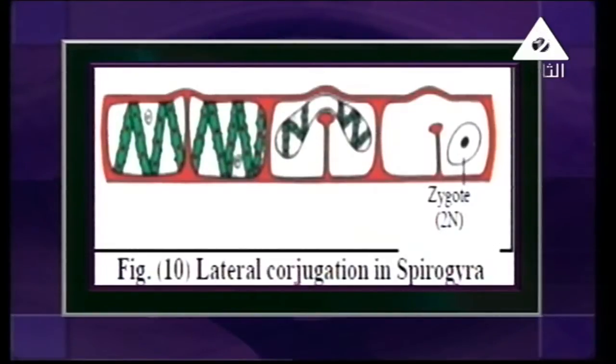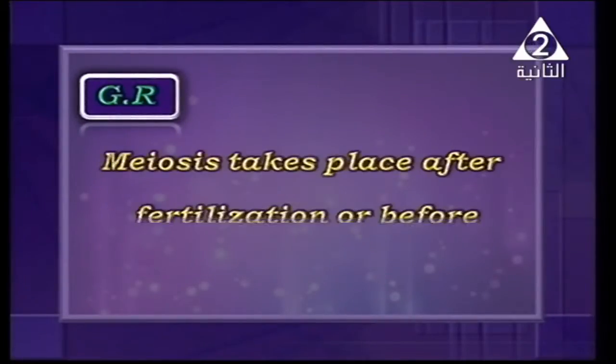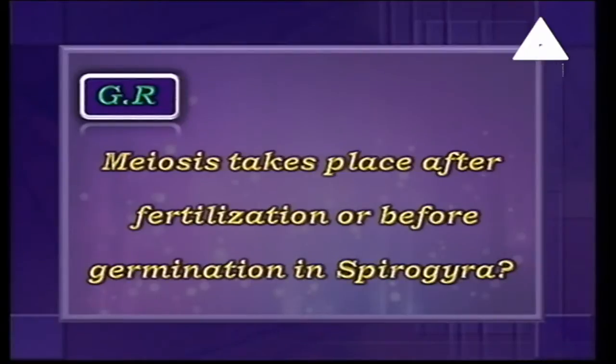Well, after that, we also have a reason to give here. I'm going to ask you: meiosis, I mean the reduction division, takes place after fertilization or before germination in Spirogyra. Think, and I'm going to give you the standard answer also.